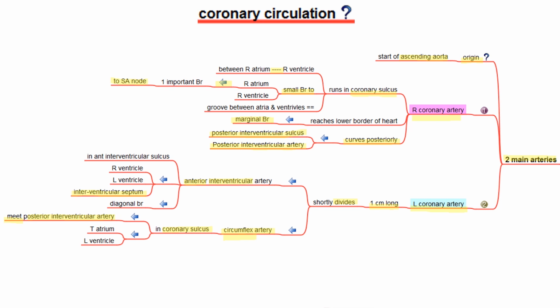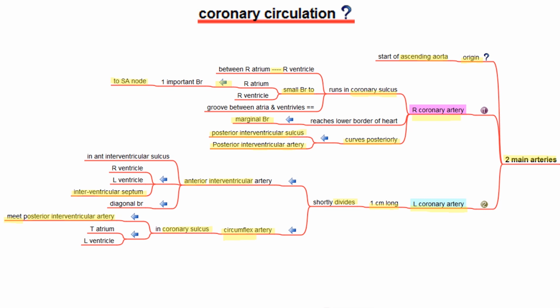So that is the story of the right coronary artery. It is a long one. It comes from the right aortic sinus and runs in the coronary sulcus for a long distance until reaching the posterior interventricular sulcus, and during this way it gives branches to the right atrium and to the right ventricle.